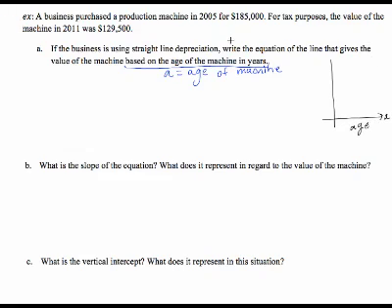For the y's, that's the value, the money. Let's use V for value. That makes sense. So V is going to be value over time.